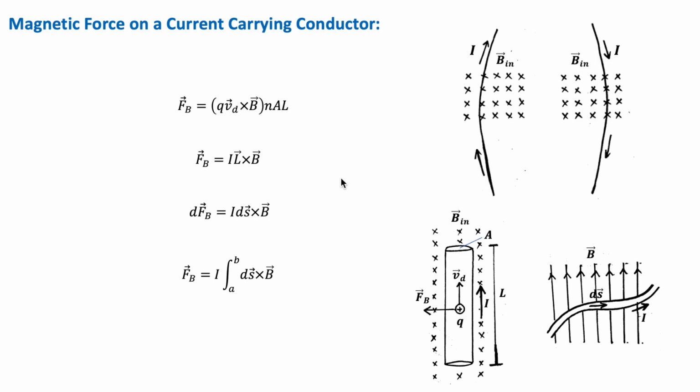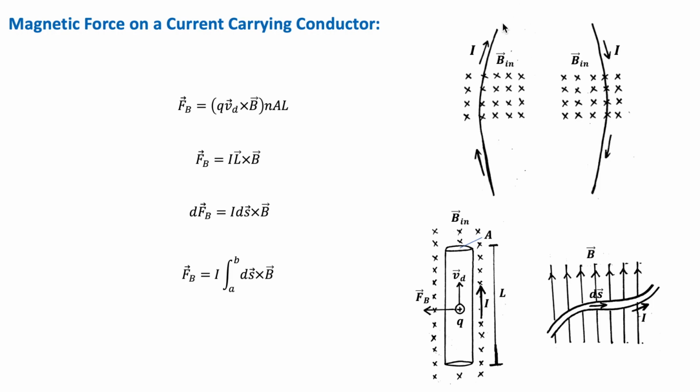Because the magnetic force is the resultant of the sum of the individual magnetic forces on the moving charged particles in the wire, okay? So each charged particle making up the current will experience a magnetic force, and the sum of all will give the resultant magnetic force on the wire.